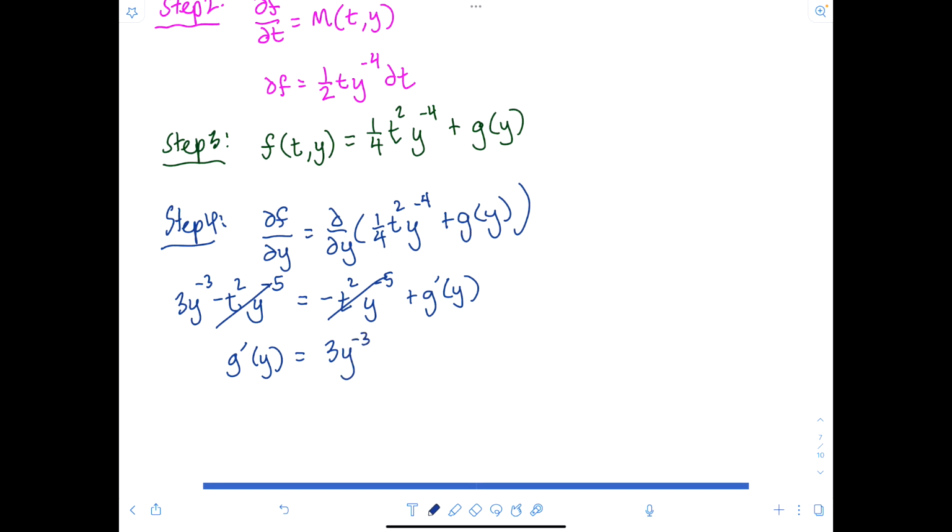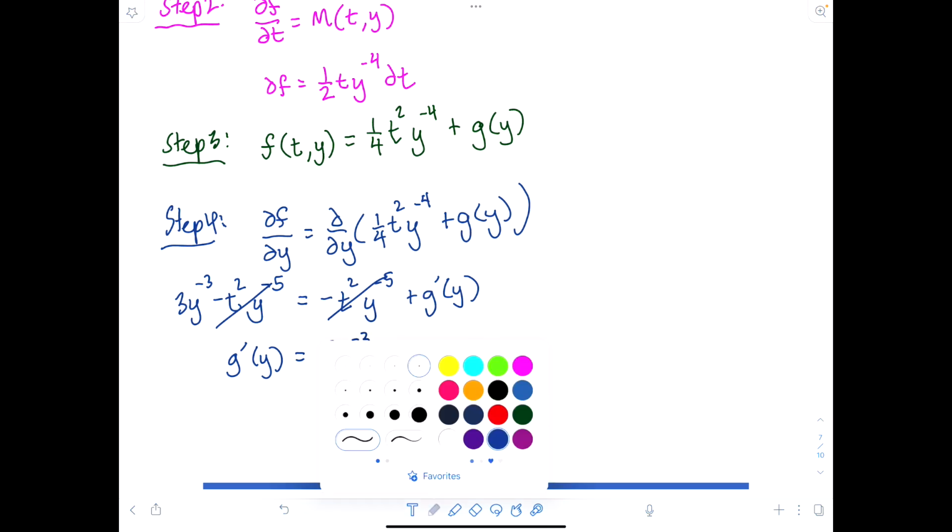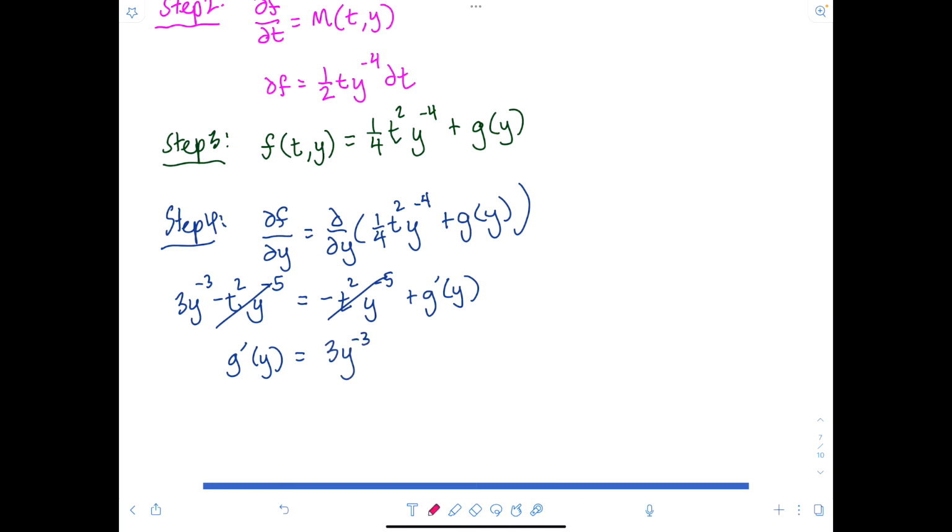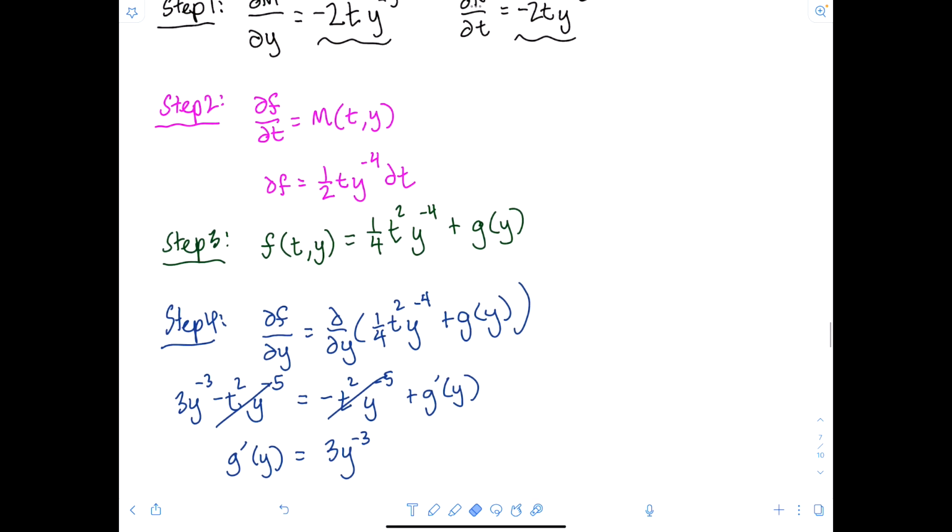Cool? All right, now step 5. Let's wrap this up and apply that initial condition. So I'll go along over here for our step 5.